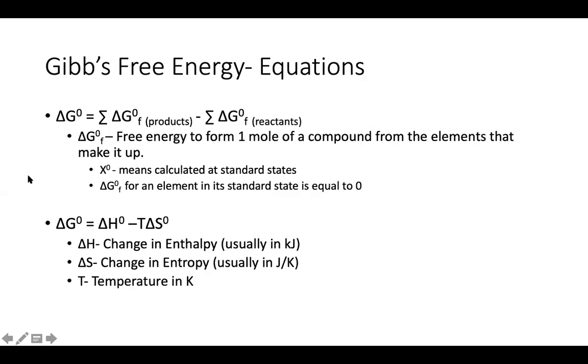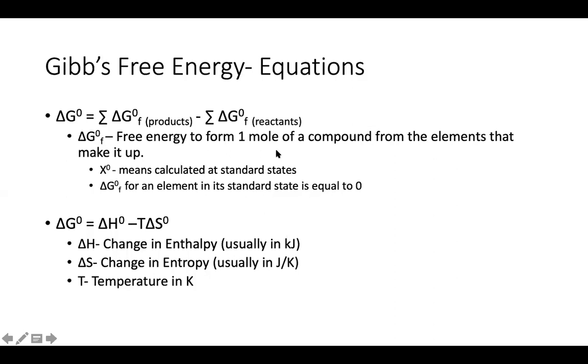Okay. The other equation that we can use to solve for delta G is this equation. And you'll notice that it's very similar to how we solve for delta H and delta S, right? The change in Gibbs free energy is equal to the sum of the Gibbs free energy of products minus the sum of Gibbs free energy of reactants. Now, the G naught f is the formation value, or the energy required to make 1 mole of each compound.